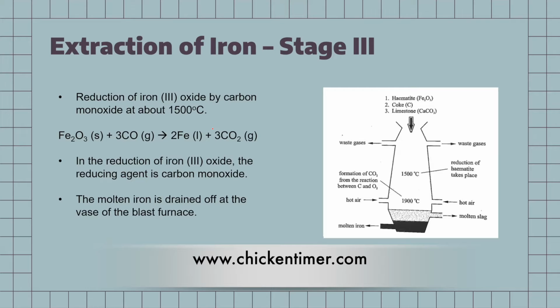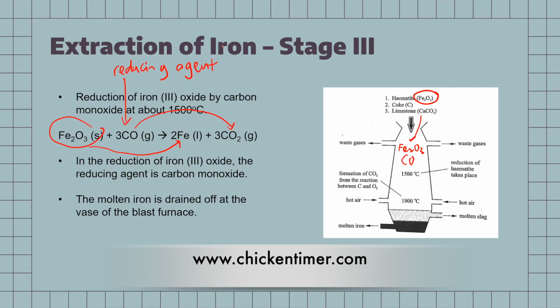Then subsequently, the carbon monoxide that is in here reacts with the iron oxide that also is inside. So these two will react. So what happened is the iron oxide becomes iron. Then the carbon monoxide becomes carbon dioxide. So in this case, there is a special name for carbon monoxide. You call it the reducing agent.